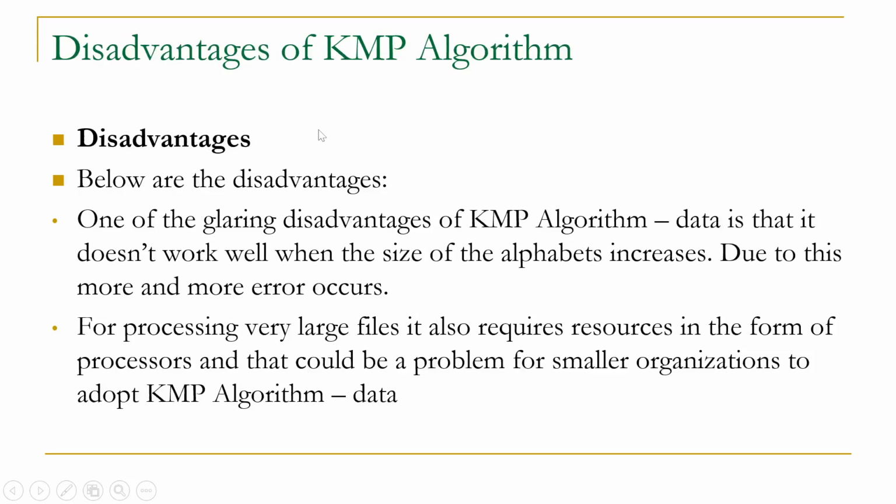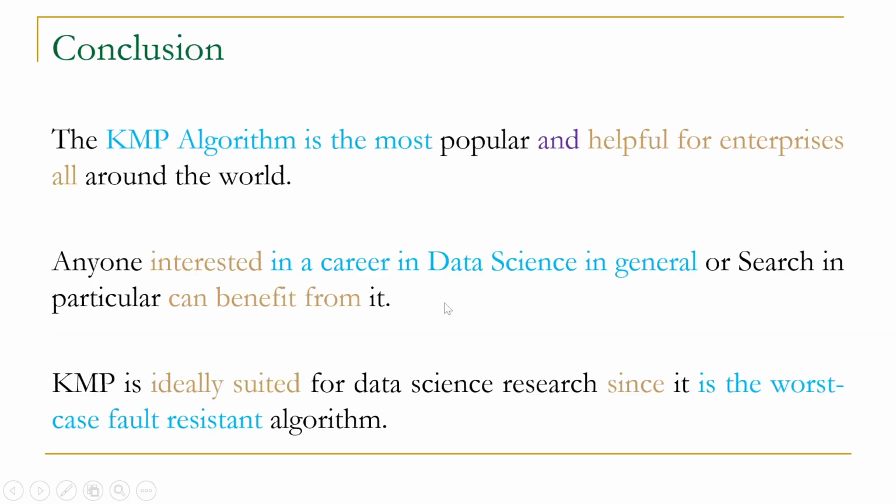If we look at the disadvantages, if the matched alphabet is larger, then we have to face more errors. And secondly, this is not efficient for smaller inputs. Finally, we can say the KMP algorithm is very popular and helpful for enterprises.